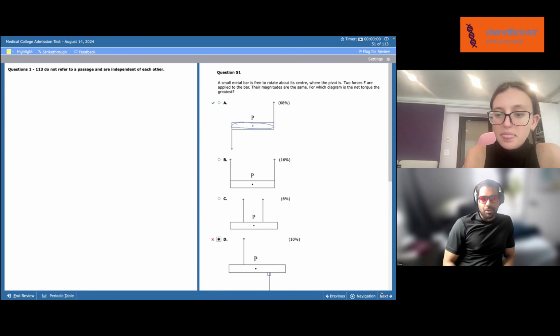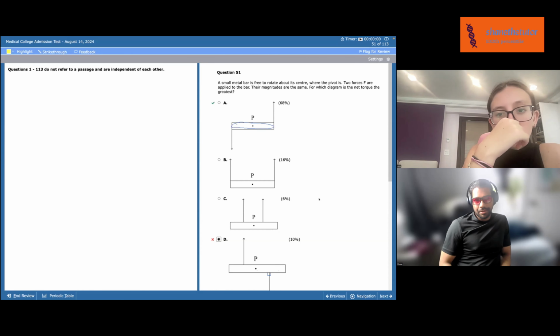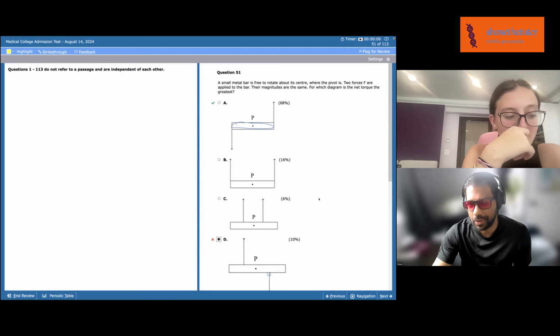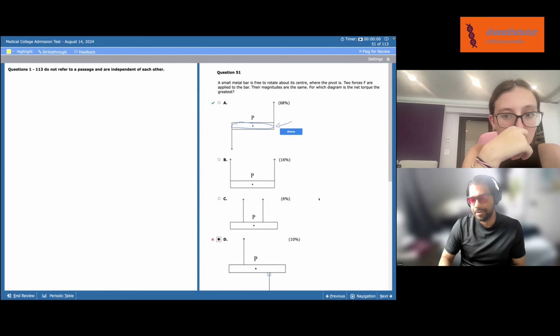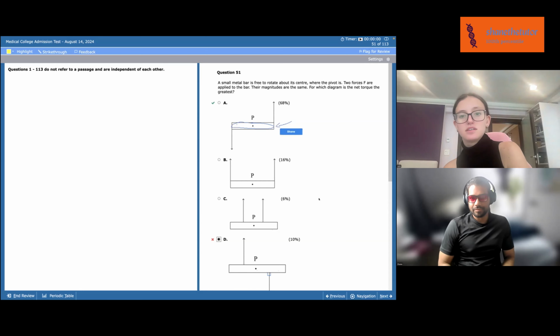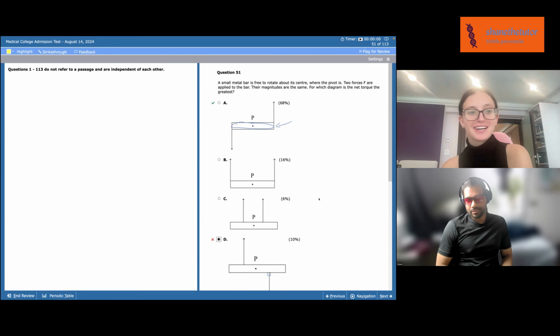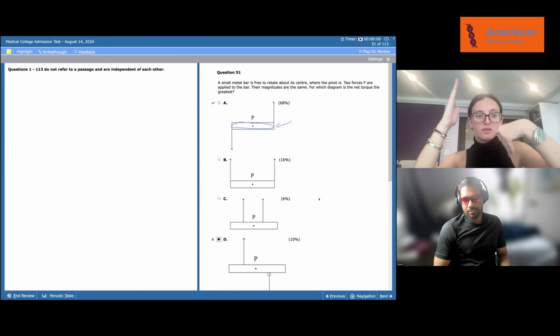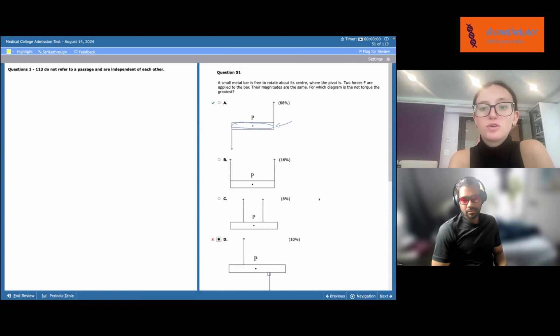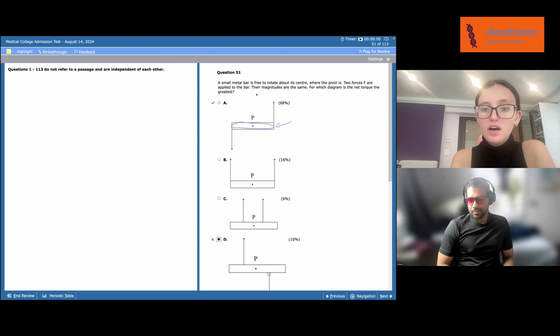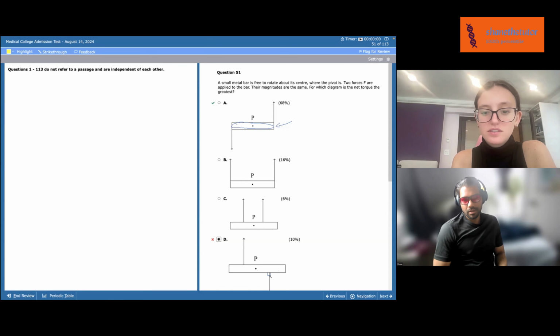Okay, so wait, does this make sense? No, it does. I feel like the door analogy worked better for me, because you would open it from the side. Conceptually I understood that it had to go in opposite directions, and you were talking about torque and what that means for this versus this.